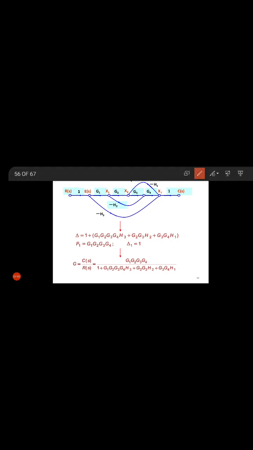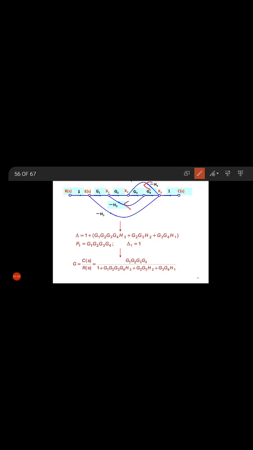There are 3 loops. The first loop is G2, G3, this is our one loop. This is our one loop. And this is our second loop.